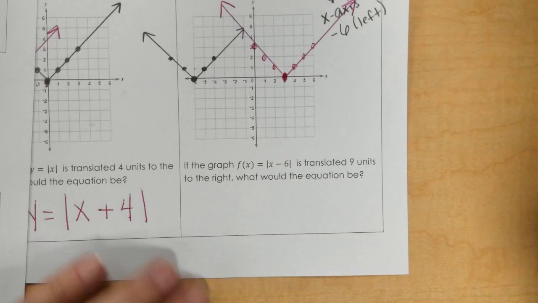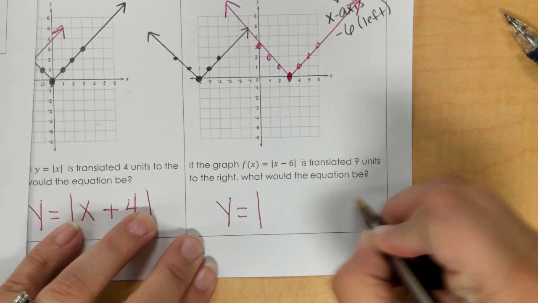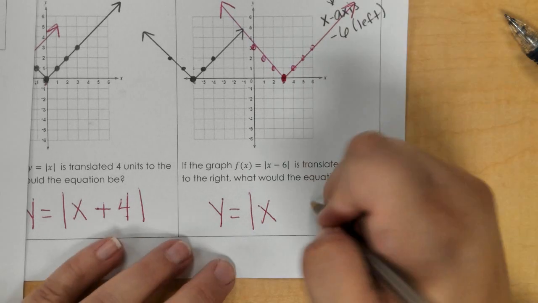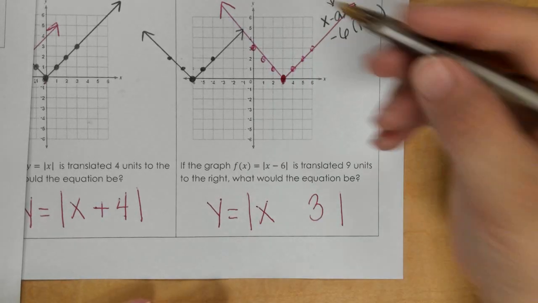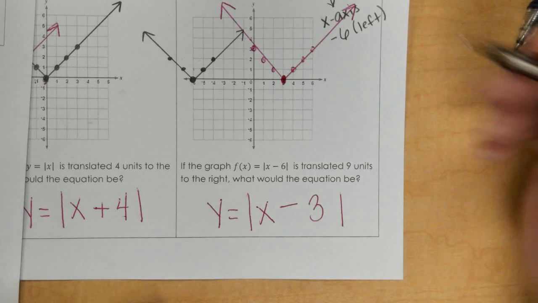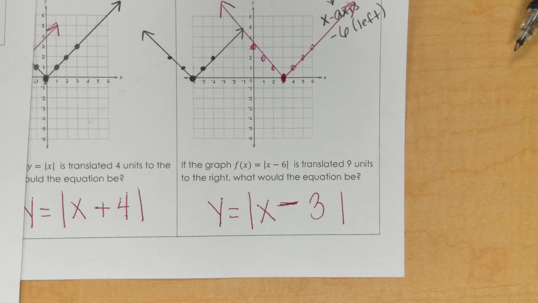Okay? So just like we've been doing, y equals the absolute value of x, we're at a 3, and if this is positive, you do the opposite, so it'd be a minus 3. And then that's it for day 8.